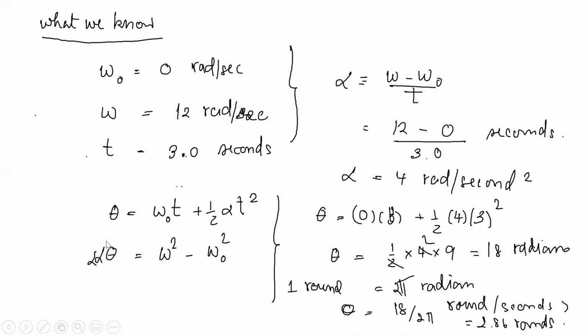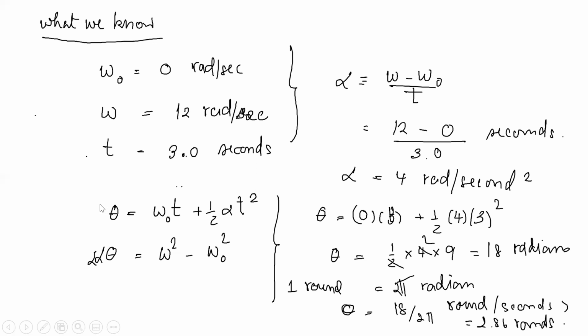Now, you can do another thing: theta is omega plus omega 0 over 2 times the time. Or you can use the formula theta equals omega 0 t plus 1/2 alpha t squared. Initial is 0, so theta is 1/2 of 4 times 3 squared, which is 18 radians.